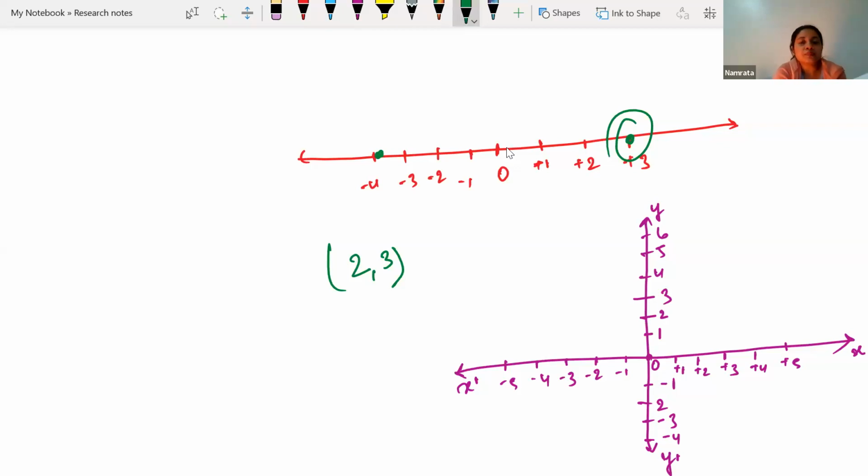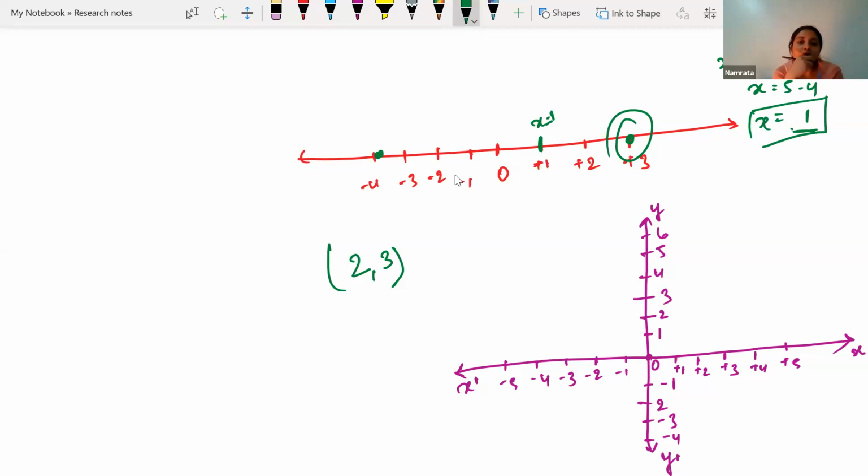Suppose we have x plus 4 equals 5. So x equals 5 minus 4 and the x value is 1. This solution x equals 1 we can represent on the number line, here x equals 1 is located.